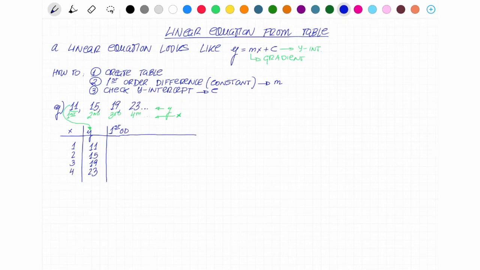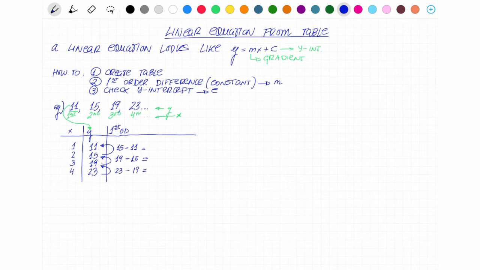So first, we're going to check the first order difference, and remember, always in that order. So in our case, it would be 15 minus 11, and then 19 minus 15, and the matching one, 23 minus 19.